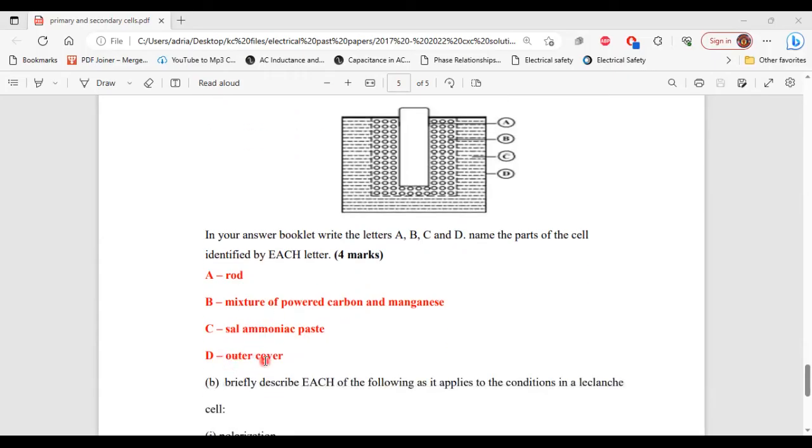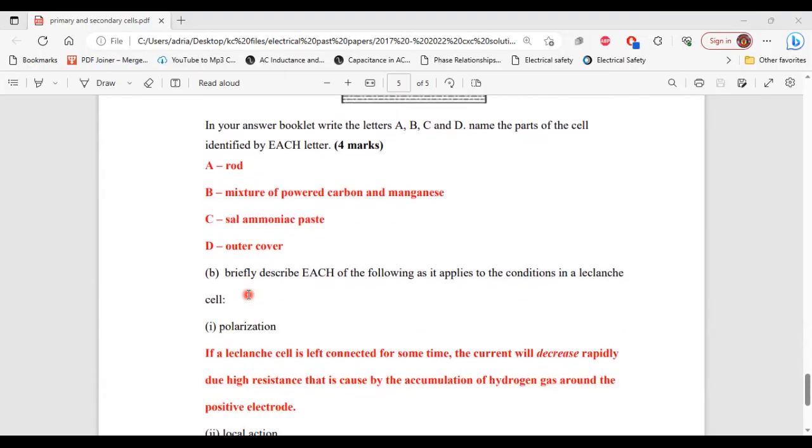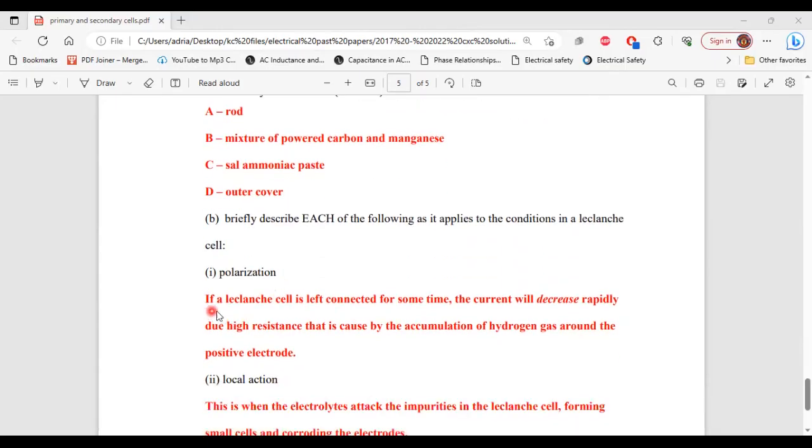All right, so that's it for part A. For part B, it says briefly describe each of the following as it relates to the conditions in a Leclanché cell. So polarization, part 1 of B. If a Leclanché cell is left connected for some time, the current will decrease rapidly due to high resistance that is caused by the accumulation of hydrogen gas around the positive electrode.